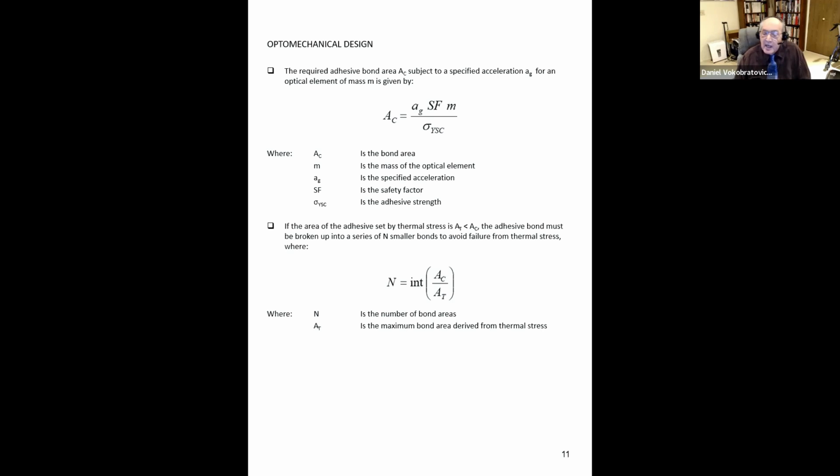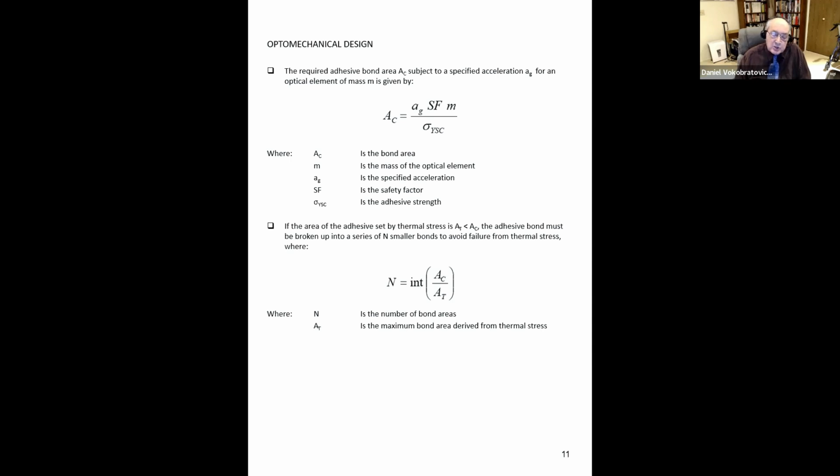Okay, fine. How are you going to apply that? Well, you've got a little bit of a problem. I'll come to that shortly. And that problem is that if the adhesive bond area gets too big, you may have excessive thermal stresses. In this case, the appropriate response is to break up the bond area into a series of smaller bonds.